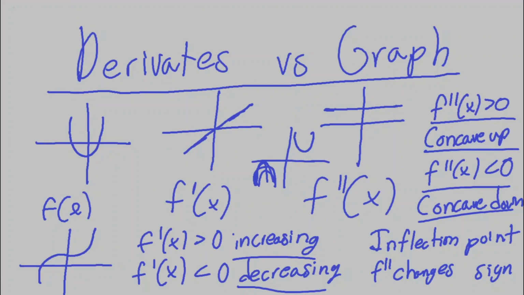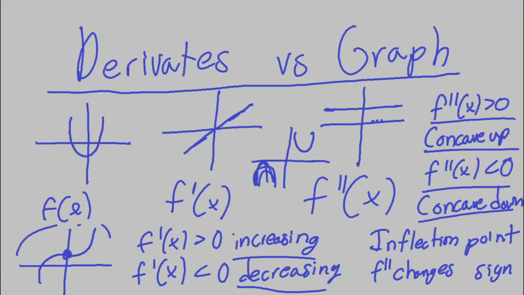And we should also talk about inflection points. Inflection points are essentially where the concavity of a graph changes. It could be where f double prime has a 0, or where f prime reaches a maximum or minimum point, or of course where f of x has a concavity change, which could be depicted by this graph on the bottom left.